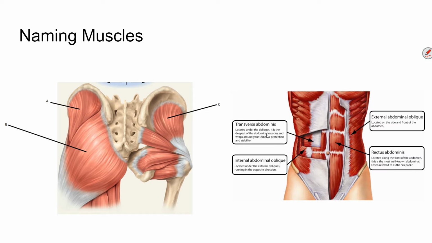This is really in the ab muscles here. You have the rectus abdominis. Rectus means straight up and down. You have the obliques, which go at these diagonal directions. And then you have the transverse, which goes crossways. And so it tells you just by the direction of the muscle fibers, the name of that muscle.